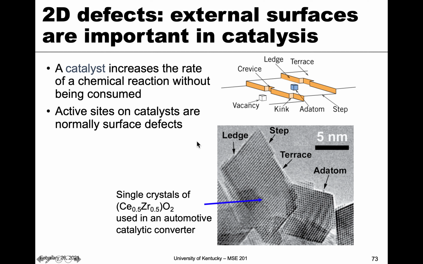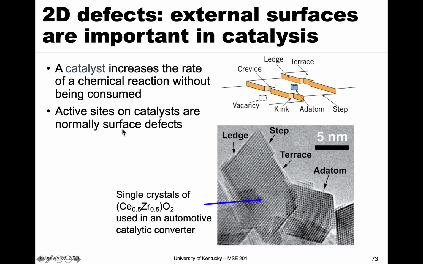So these external surfaces are really important for the field of catalysis. A catalyst is something that increases the rate of a chemical reaction without being consumed. So it's basically an inert material, a material that acts to speed up the reaction but is not consumed.